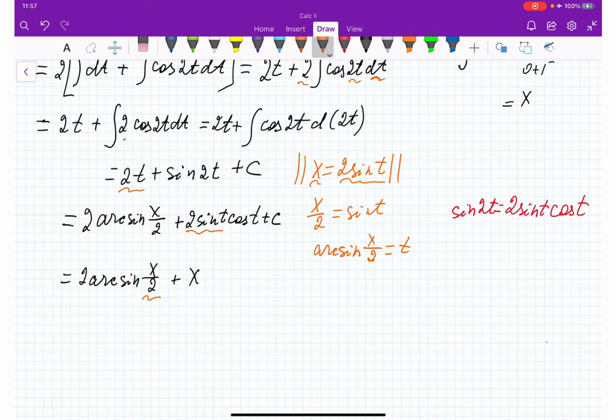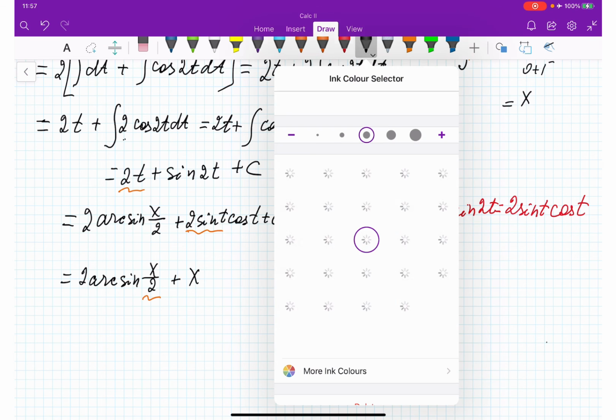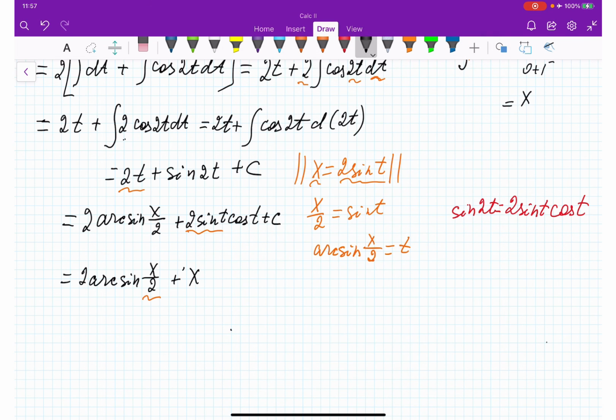Then instead of 2 sine t, I can use only sine t and leave 2 here. So just to have harmony in the answer, if it's x over 2, x over 2, okay. But if you take x, it doesn't matter, because it will still be correct, because 2 sine t is equal to x, and you have 2 sine t here anyway.